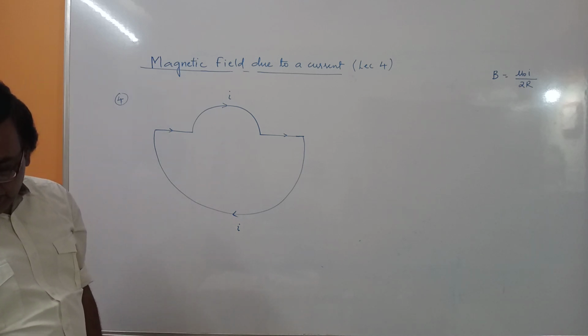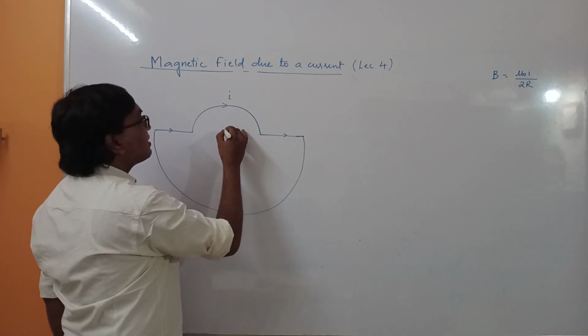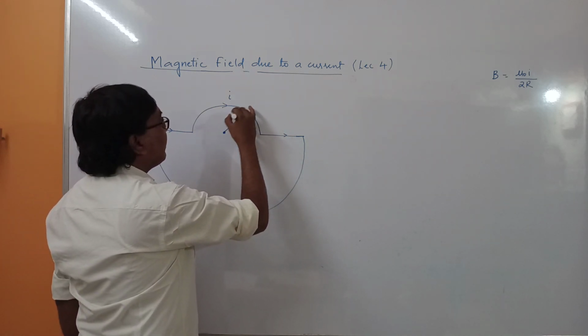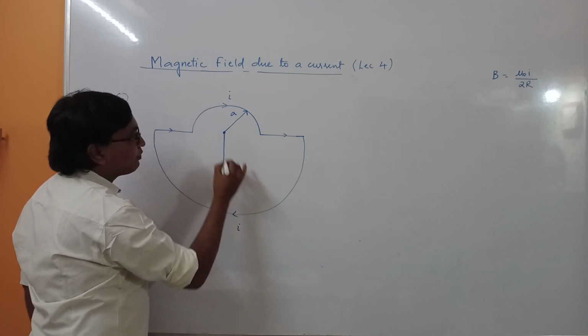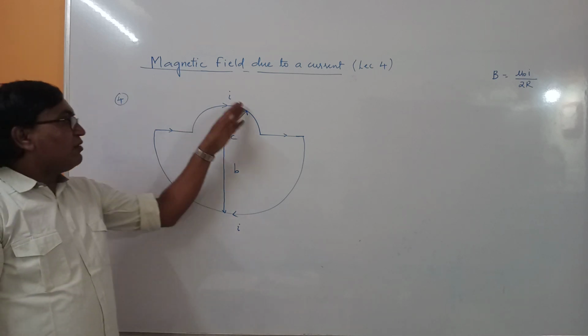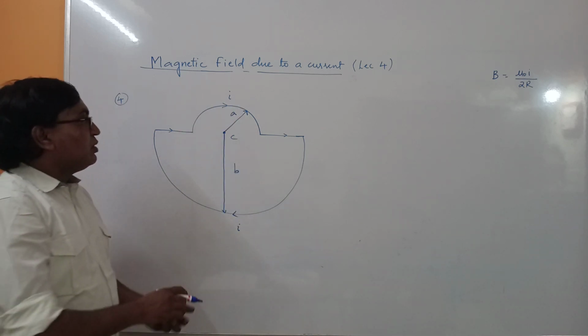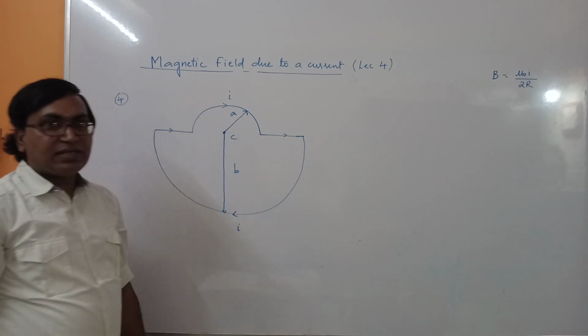Radius A and B. So here the radius is A and here the radius is B. So this is point C, the center of both the circular loops. We have to find out the magnetic field due to this wire at center C.